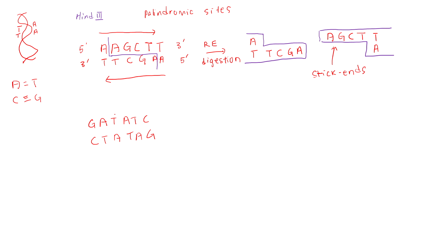Now in this case, you have another type of enzyme. We name it EcoRV. That is going to cut the DNA vertically, and it will produce fragments. So this is the RE digestion.